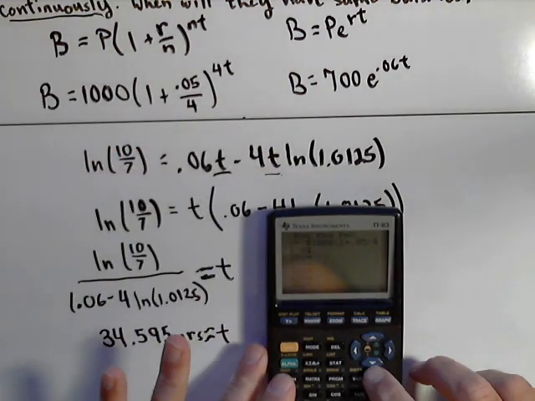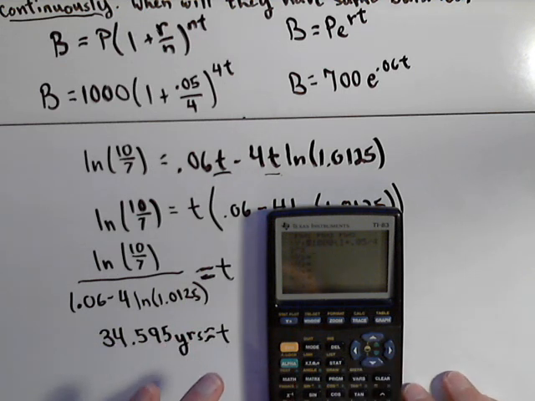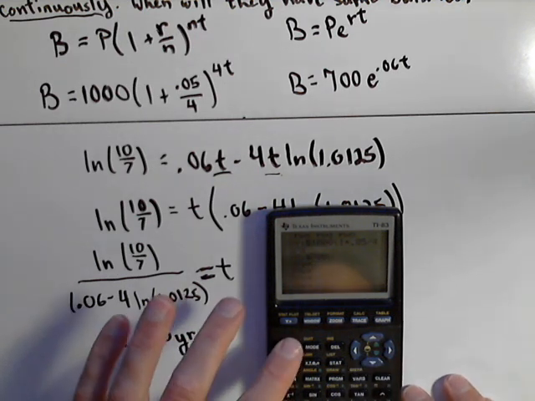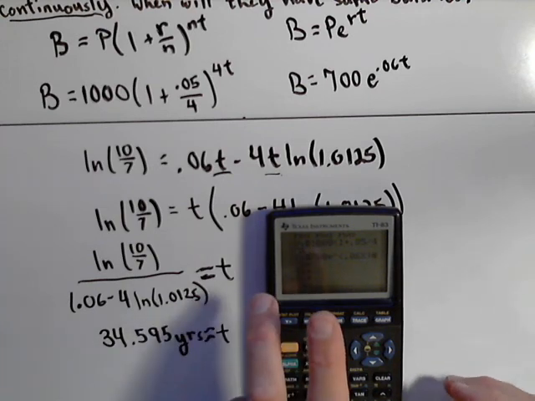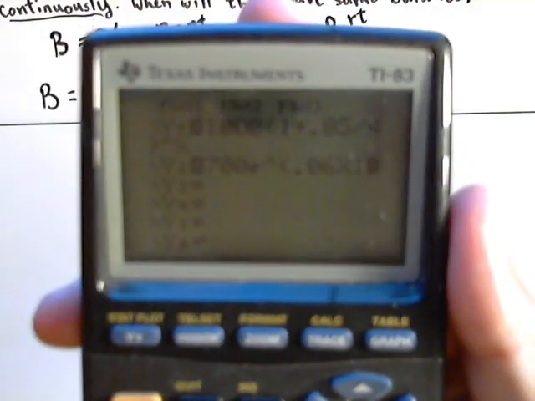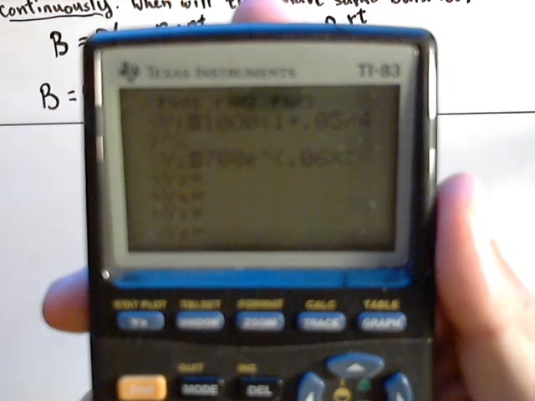Okay, now I'm also going to put 700 second e to the 0.06x. So you can take a look at that, see how I have them in there.